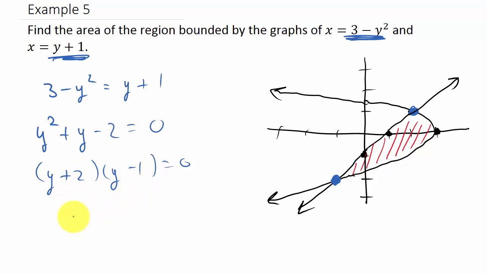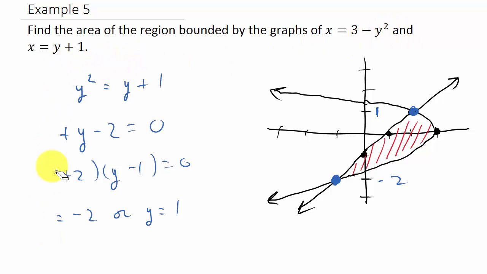So plus 2, minus 1. So y is negative 2, or y equals 1. So this actually intersects at y equals negative 2, and it intersects here at y equals 1.